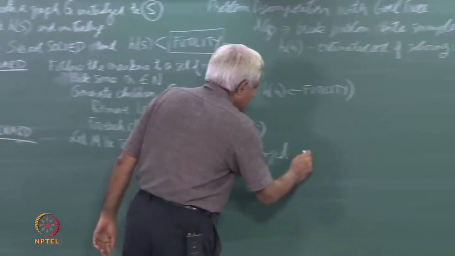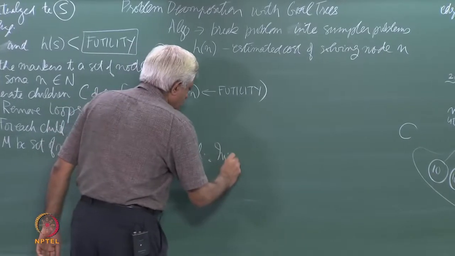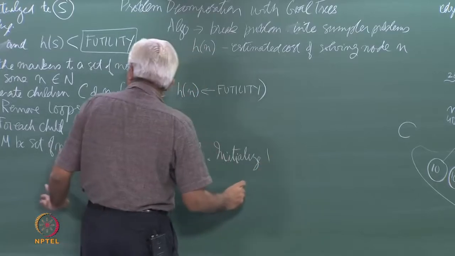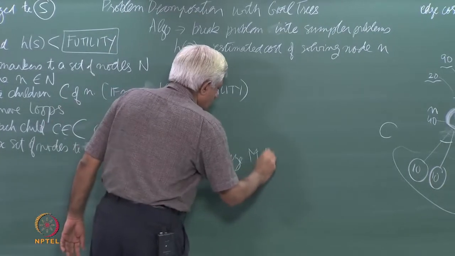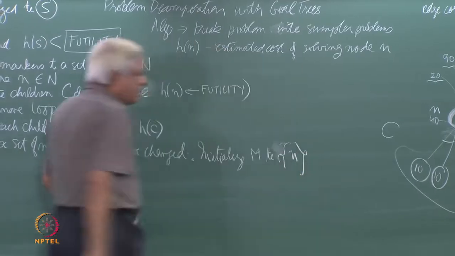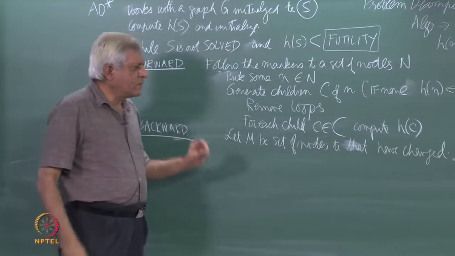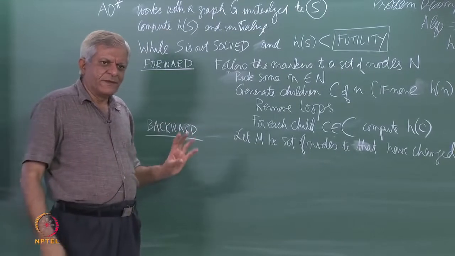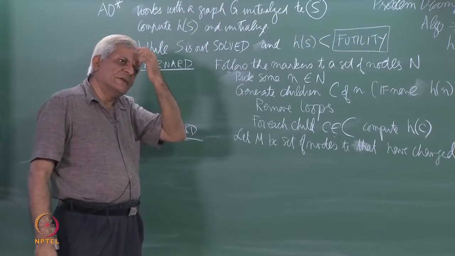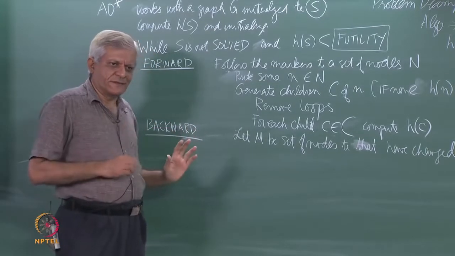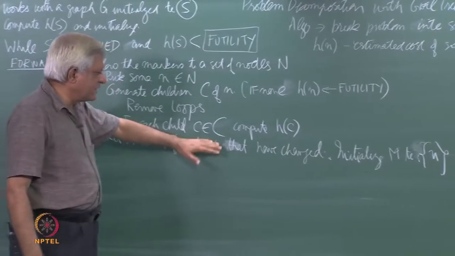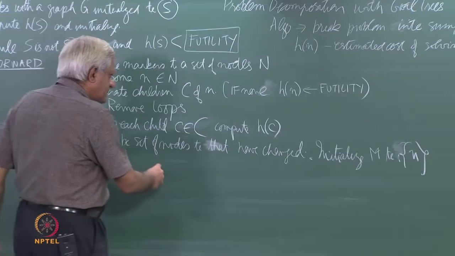So, initialize M. So the node that I expanded, I put this into the set M, and essentially M is going to be the nodes whose value has changed. So, I could have done the next steps before this, but it does not matter. So, let me write it here.